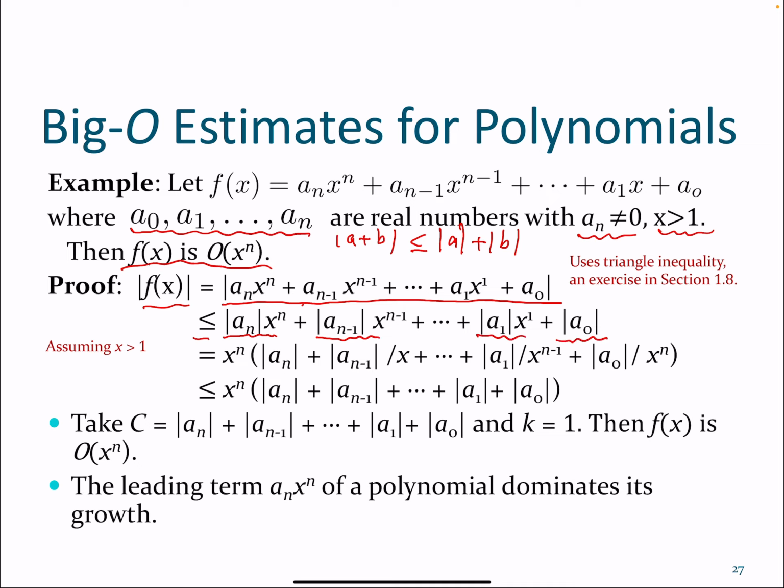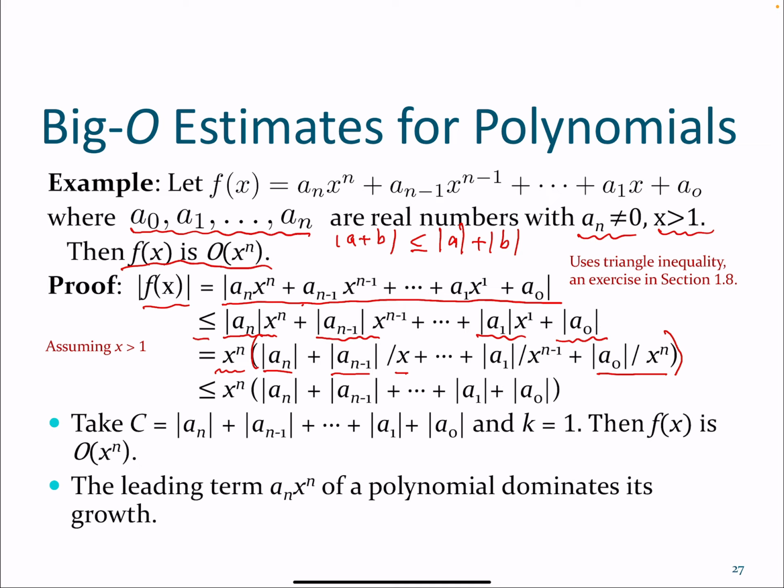Then we put x^n out, and look at the parameters: we have a_n, then a_(n-1) divided by x, and then a_0 divided by x^n.